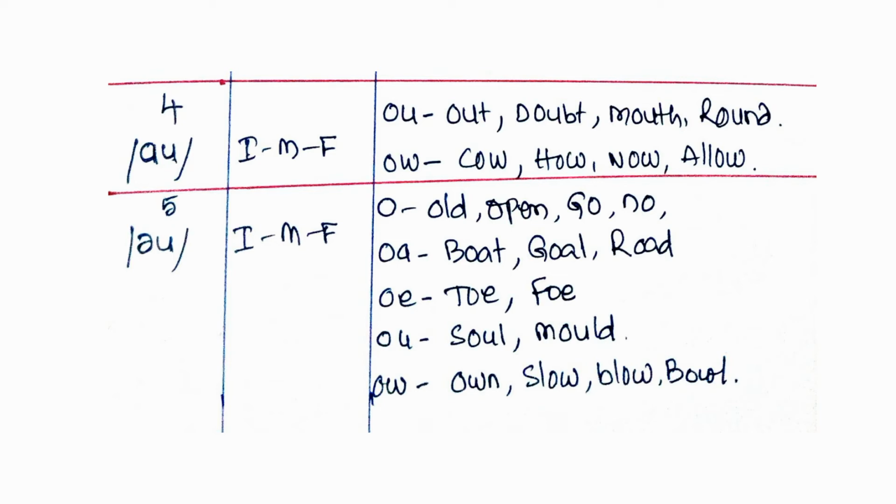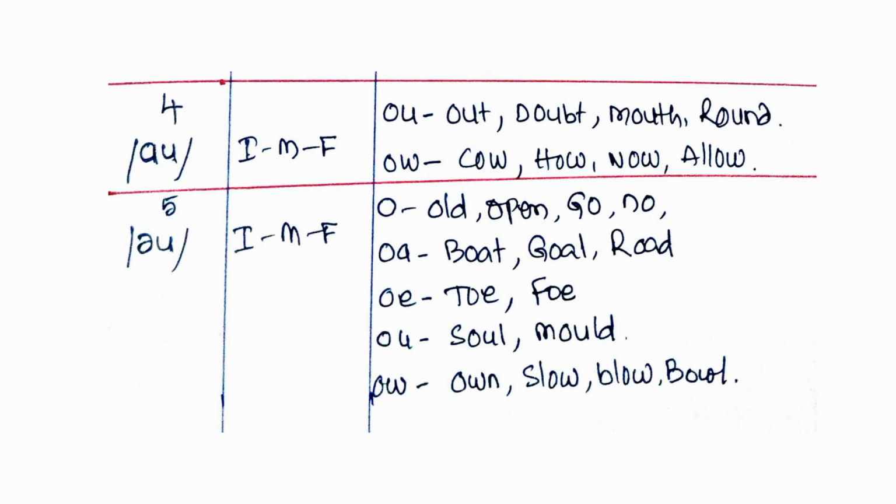Now this is also represented with OW in words such as COW, cow, HOW, how. We used to say, how are you? NOW, now.